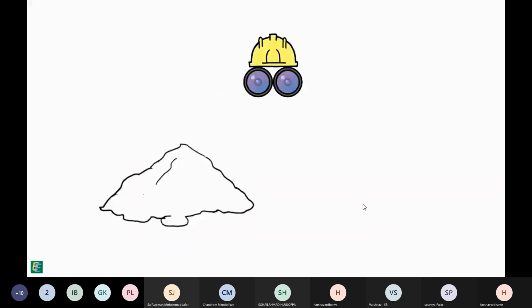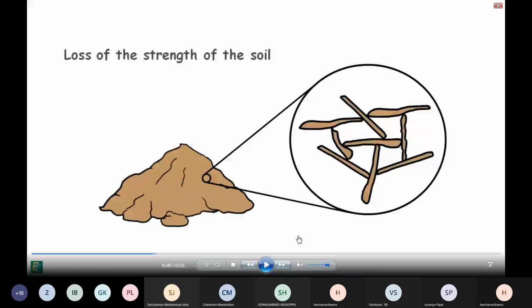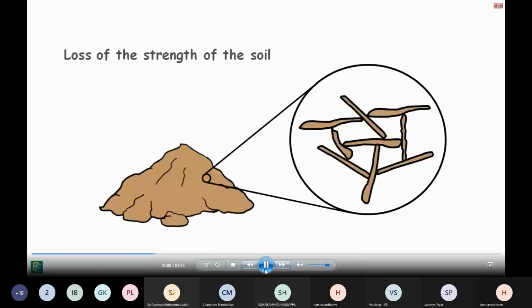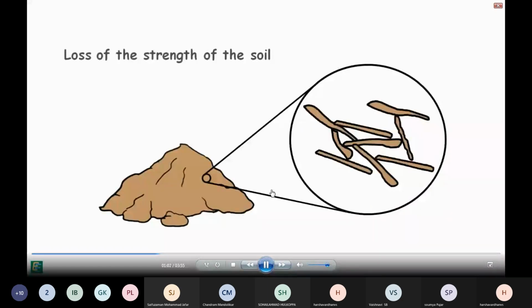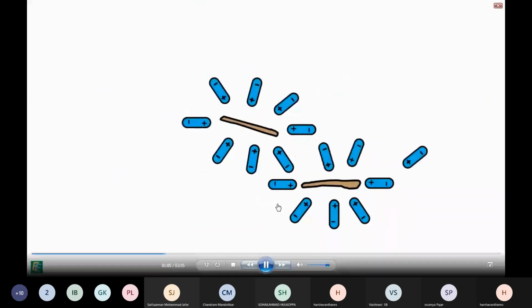Because of these changes, the soil loses its strength. This loss of strength is because of reorientation of soil particles. When there is remolding, there is loss of strength. That is because of rearrangement of the soil particles and also rearrangement of the water molecules, that is adsorbed water.